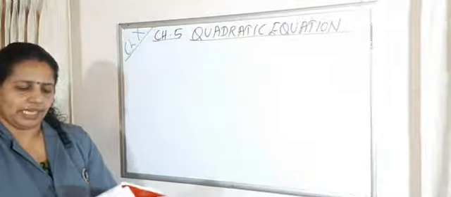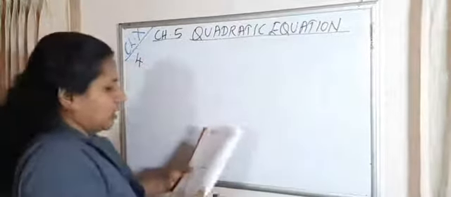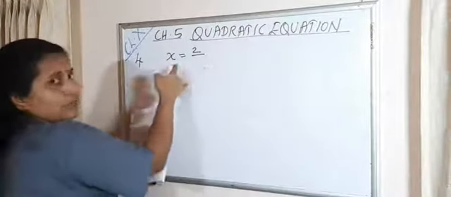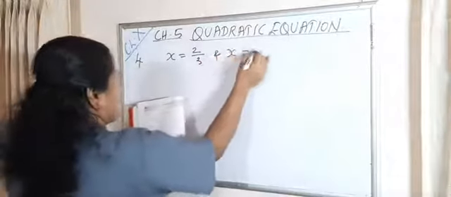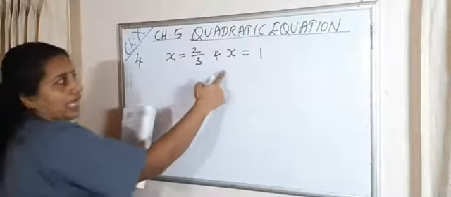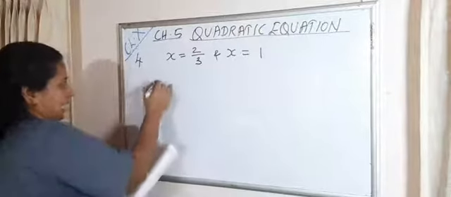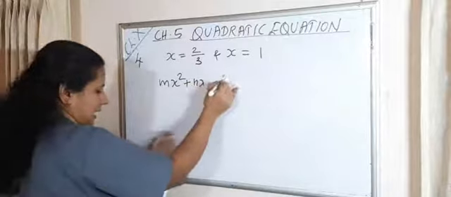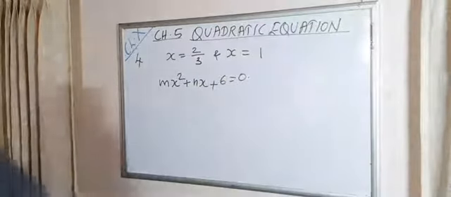Next, fourth question. 2 by 3 and 1 are solutions of the equation. If they are solutions, we can write x is equal to 2 by 3 and x is equal to 1. Okay, they are the solutions of the equation mx square plus nx plus 6 is equal to 0. Find the value of m and n.